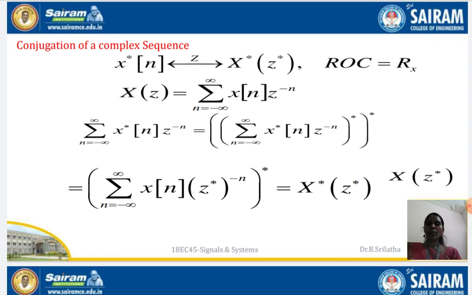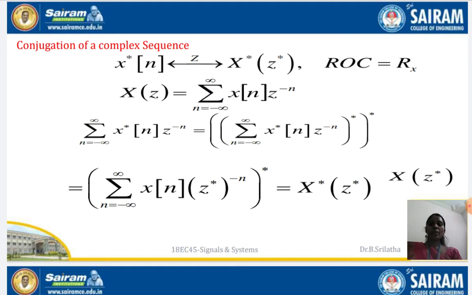Correct? Now I am going to find the Z transform of the given statement. What is the given statement? We have to find the Z transform of x conjugate of n. So substitute in that Z transform expression. What will we get? The summation from n equals minus infinity to plus infinity, instead of x(n), x conjugate of n, z power minus n. Correct?